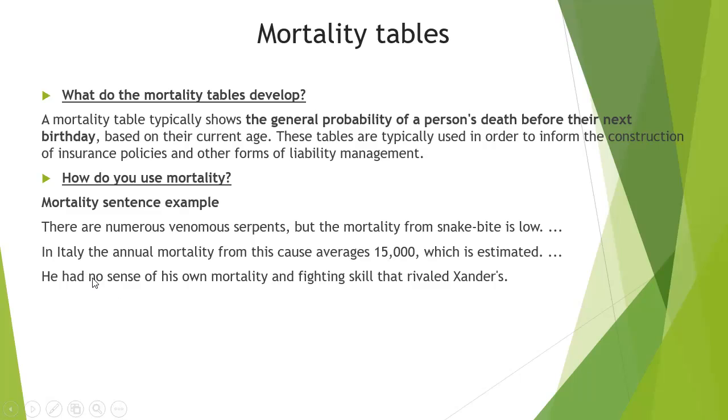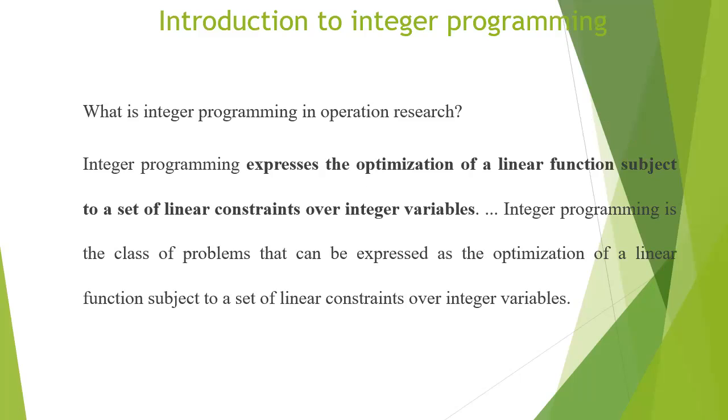And he had no sense of his own mortality and fighting skill that reveal certain things. So mortality is taken in replacement problems per average, per annum, per year, per month, and so on.